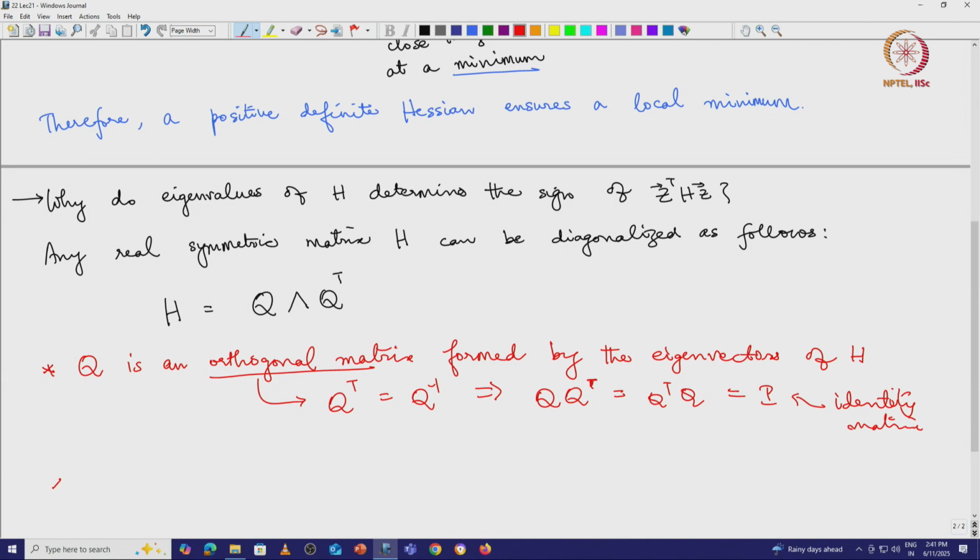The other thing that's special about this equation is that this lambda is a diagonal matrix formed by the eigenvalues.